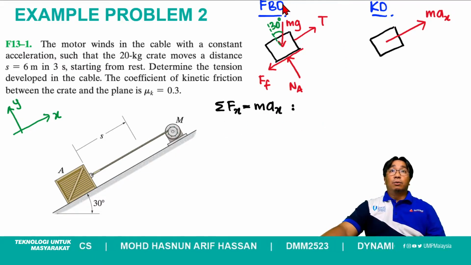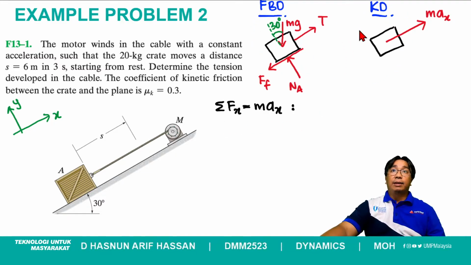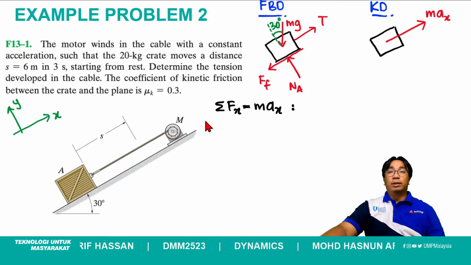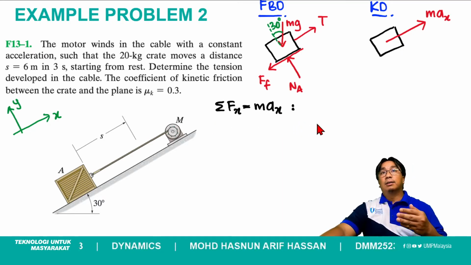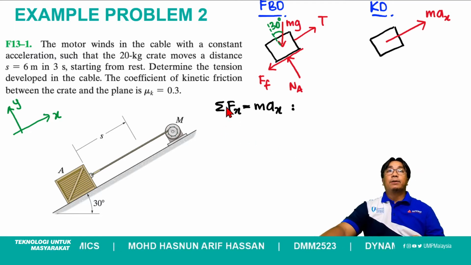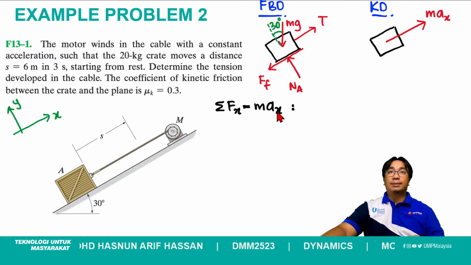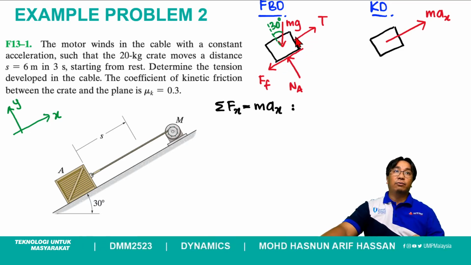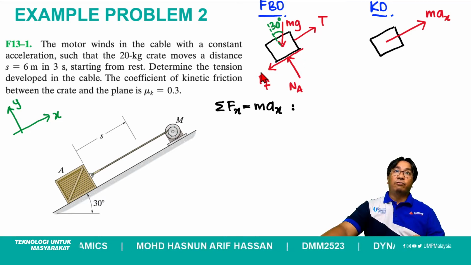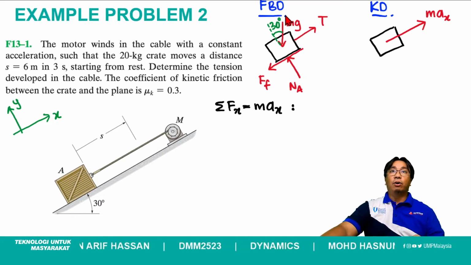So once we have the free body diagram and kinetic diagram, we will write down the equation of motion in x and y axis lah. Okay, so sum of force in x axis equal to max. In x axis you have tension positive, you have friction negative, and then you have component of weight.